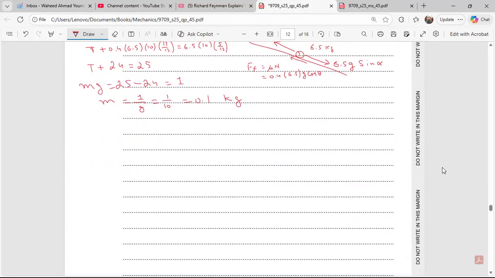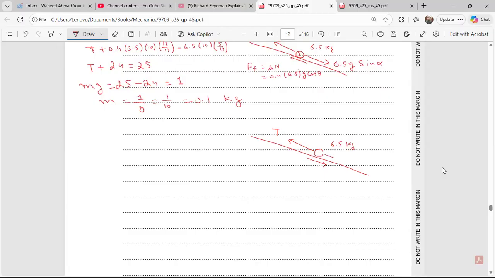Okay, now you can imagine that's the same surface, and this object here is 6.5 kg, and the upward force, I'm calling it T, right? Now it is about to slide up. So the frictional force is acting in this direction.